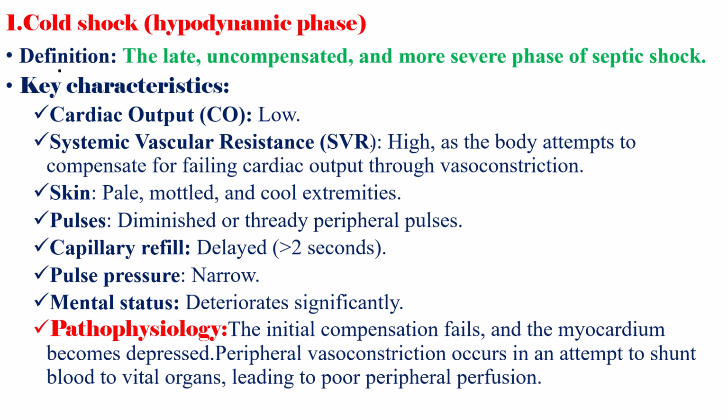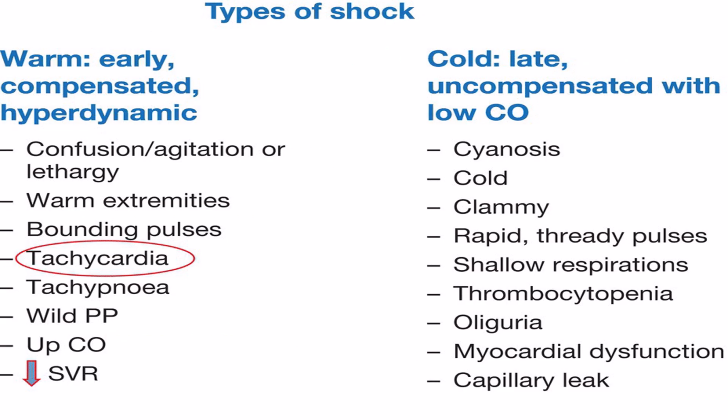It's more common in infants and young children with septic shock who cannot increase heart rate and stroke volume as effectively as adults to compensate for low cardiac output. In summary, warm shock is early compensated septic shock or hyperdynamic phase, whereas cold shock is late uncompensated with low cardiac output.